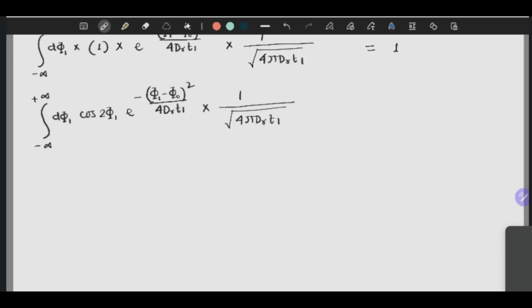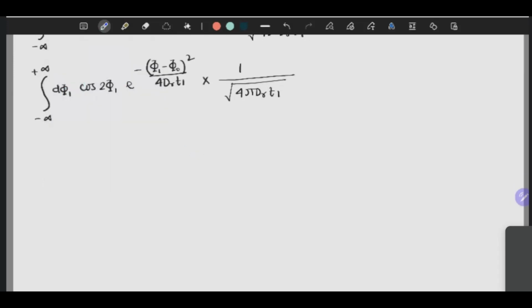So here you can write the whole thing as, let's say, take a equal to root over 4Dr t1, and φ prime as (φ1 minus φ naught) divided by root over 4Dr t1. Okay, then substitute this here.